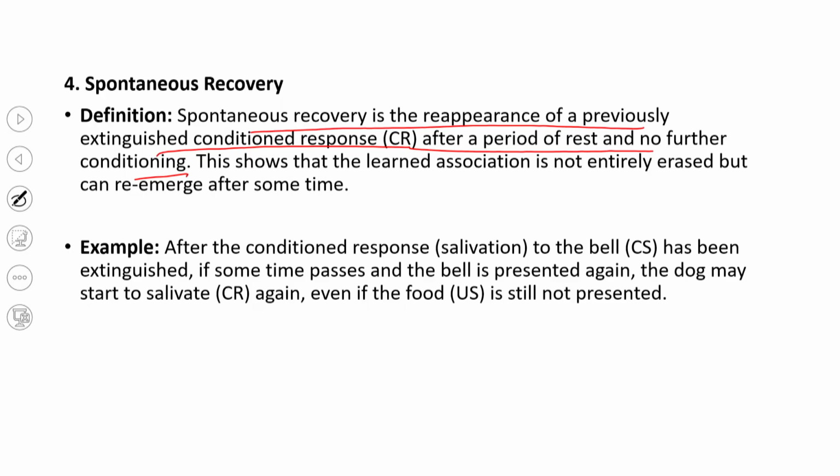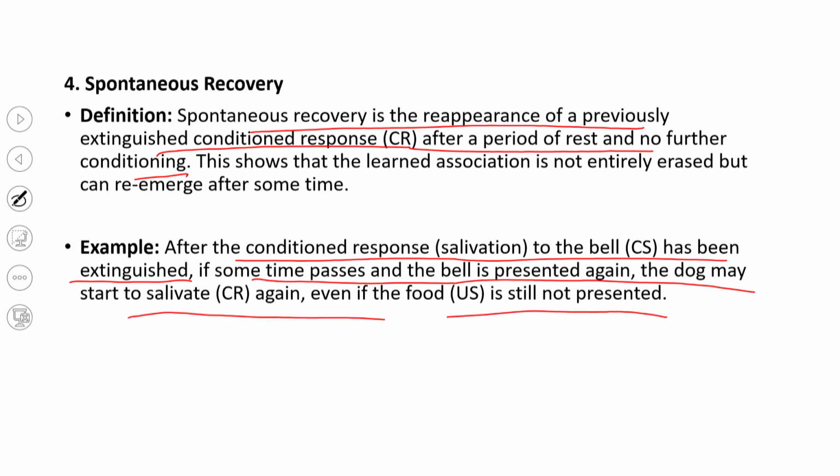For example, after the conditioned response, salivation to the bell, has been extinguished, because food was no longer presented, the dog forgot about it. If some time passes and the bell is presented again, the dog may start salivating again, even if the food is still not presented. So, spontaneously sometimes that memory comes up again, okay? But it may not stay, but it can come sometimes. So, that is called spontaneous recovery.